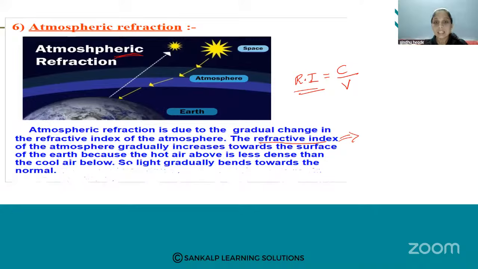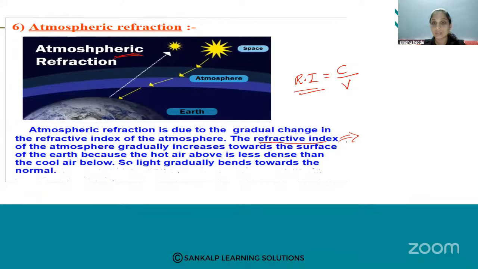Here our atmosphere is made up of a number of layers, and each layer is filled with air of different temperature and density. Due to these differences, each layer has a different refractive index.